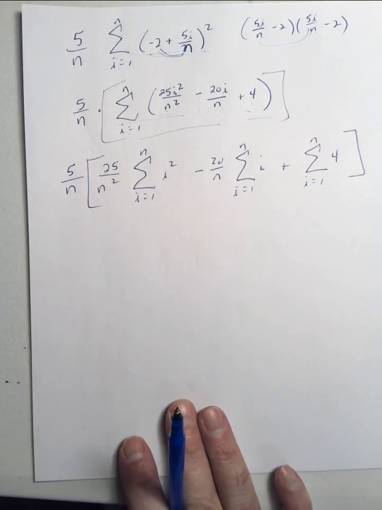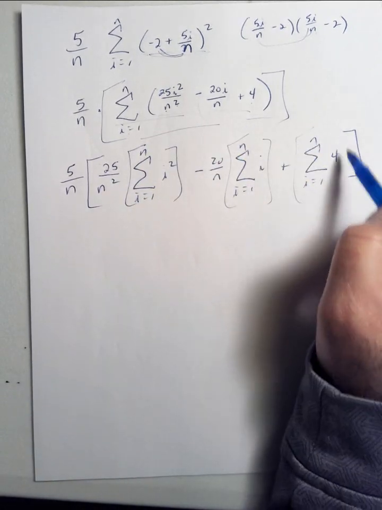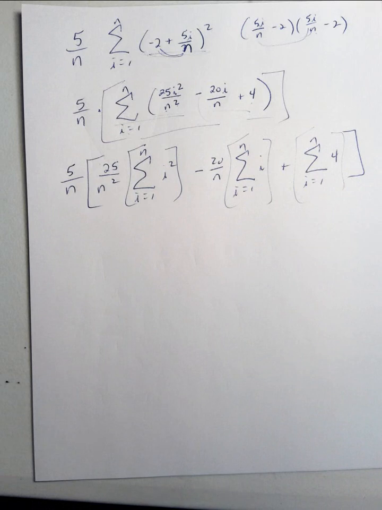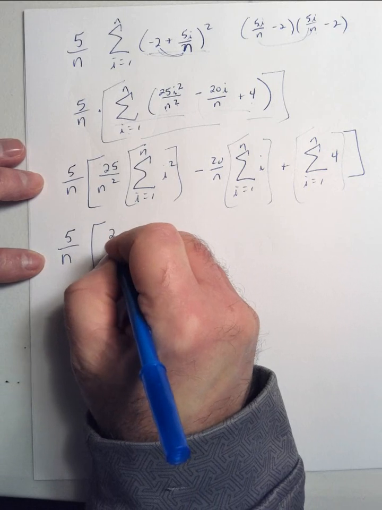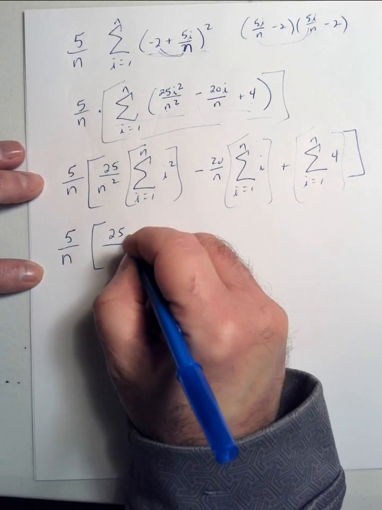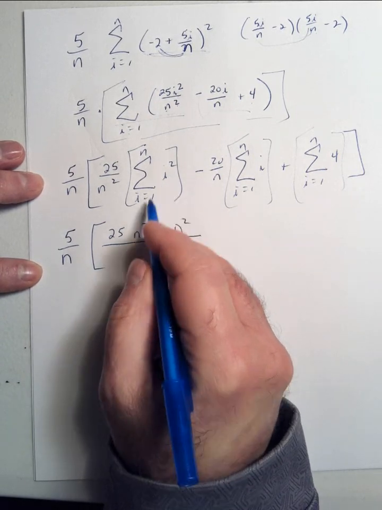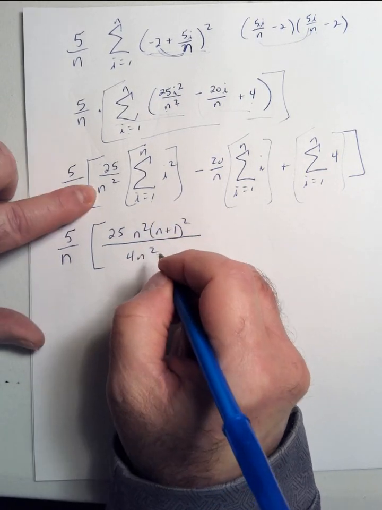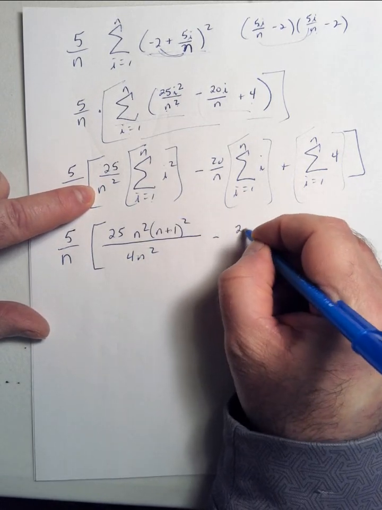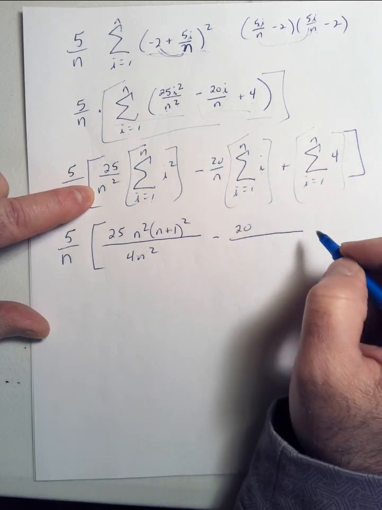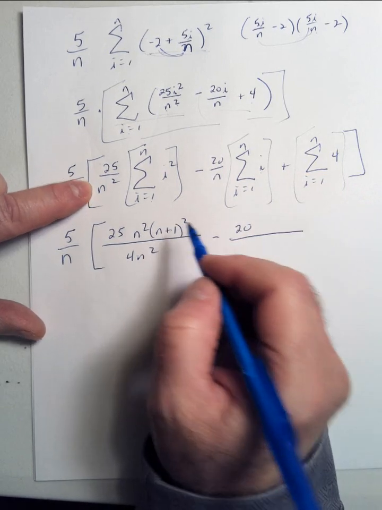okay, and now we're ready to use our summation properties and our formulas to get rid of those. So we have 5 over n, 25, and then i squared is n squared, n plus 1 squared over 4, right, so this is that formula, minus 20, and then i, oh, well, I'm really sorry.